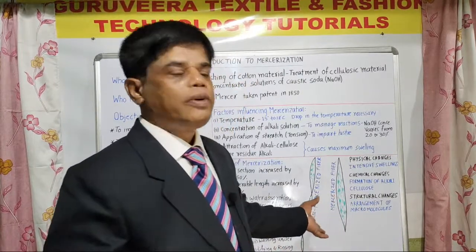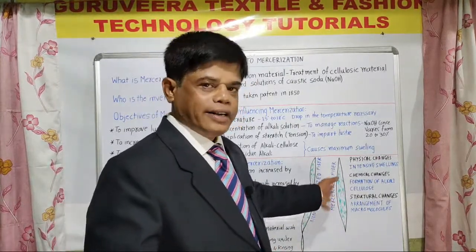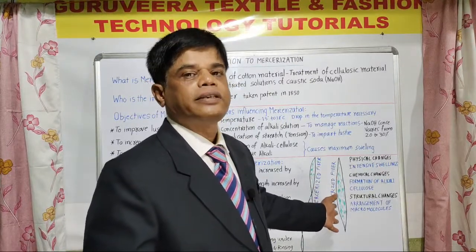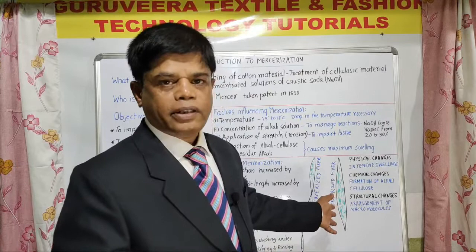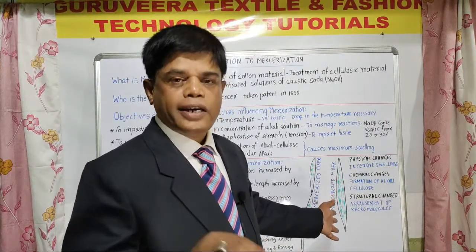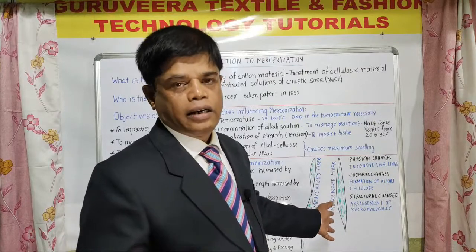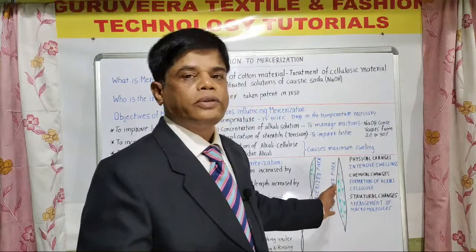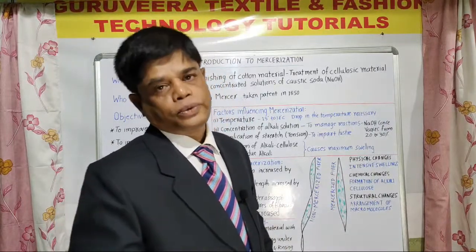Air is not blown, but inside, the cellulose substance reacts with the caustic soda. Caustic soda is alkaline, and the inside structure, cellulose, becomes alkali cellulose.